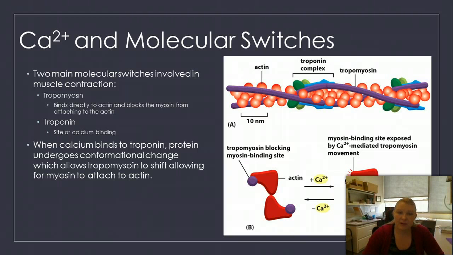So when the tropomyosin is in this place, the myosin head can't bind and can't cause contractions. When the calcium binds to the troponin, these tropomyosin regions will move, allowing the myosin heads to attach and create a contraction motion within the actin. And as calcium comes back off, they move back, prohibiting the contraction from continuing.